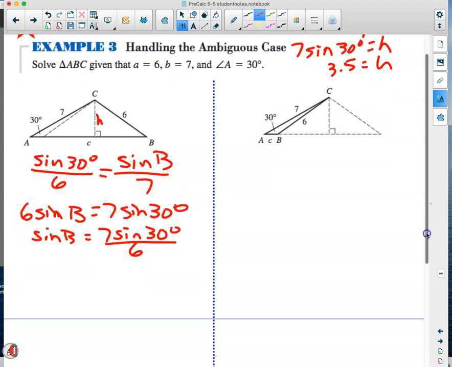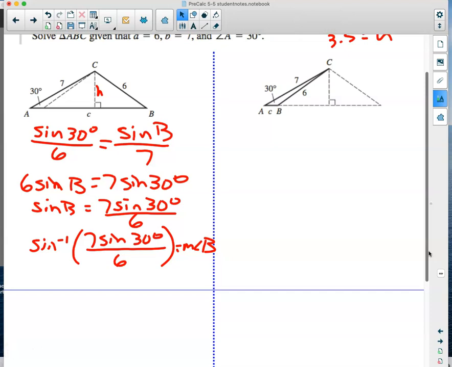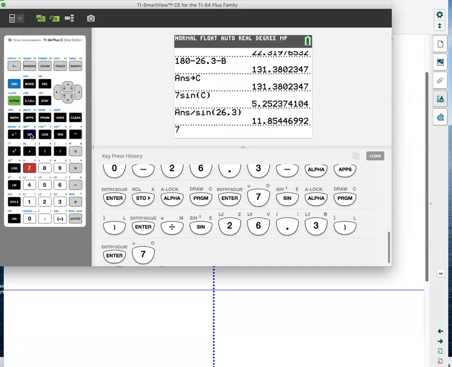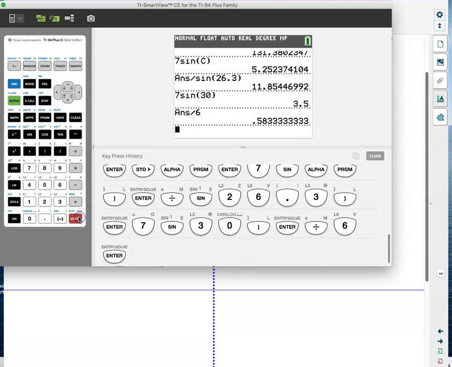So we need the inverse sine of 7 sine 30 degrees divided by 6 to get the measure of angle B. 7 sine 30, which we should not be shocked is 3.5, divided by 6, and then inverse sine. So second sine, second, answer.